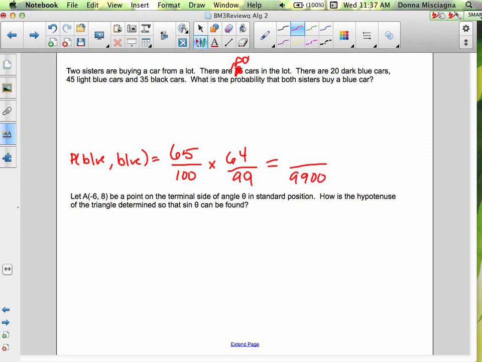I don't know what 65 times 64 is. 4160. Well, we could reduce the zeros and divide by 2. So 208 over 445. All right? And that's going to be the last of the probability questions.